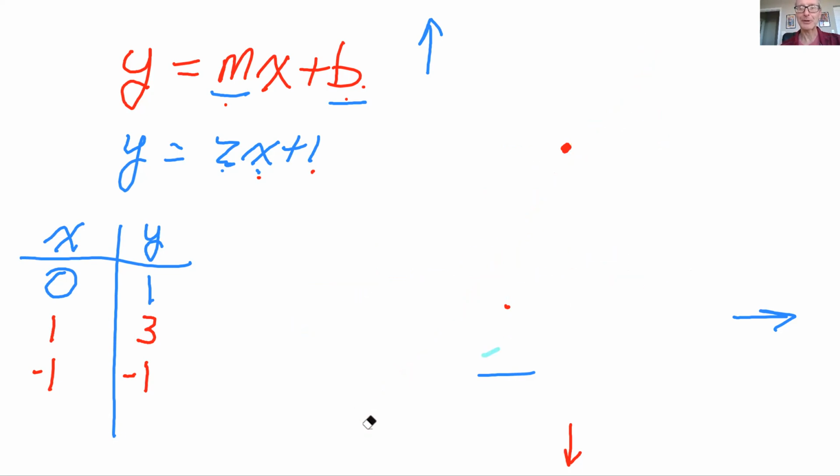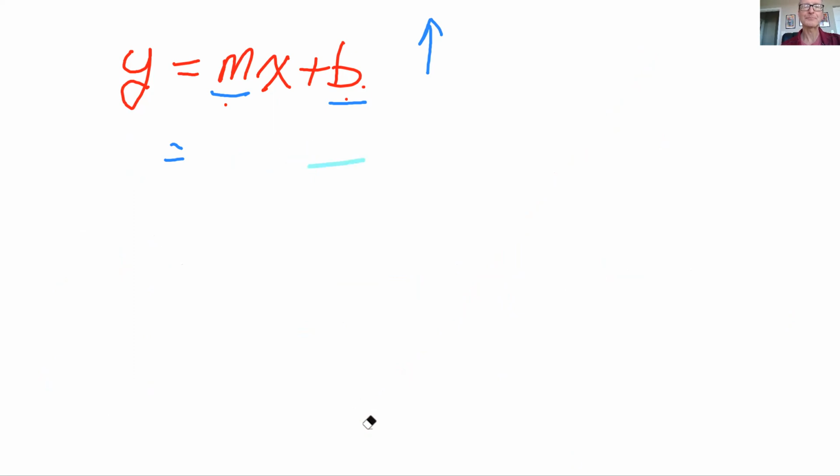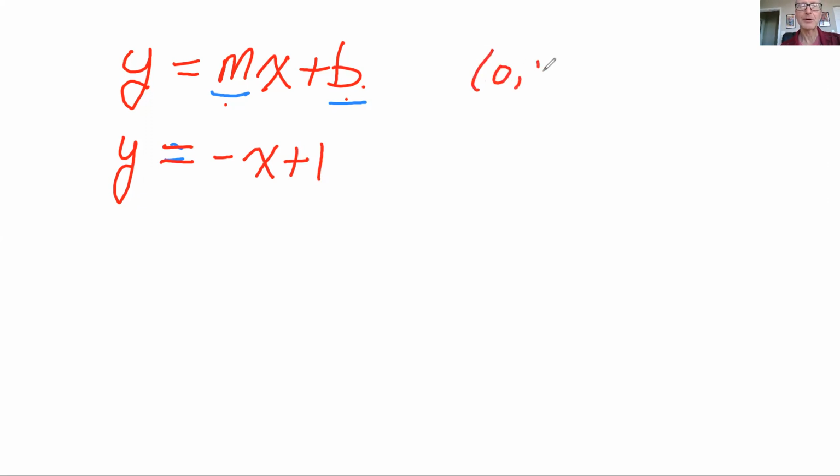Okay, one more quick thing, and then we'll call this one. Let's take a look at what happens if we have a negative slope. So I guess I could have put it on pause, but I'm almost done now. Okay, so say we do y equals minus x plus 1. So now our y-intercept is going to be 0, 1, because that is b, and our slope is minus 1.